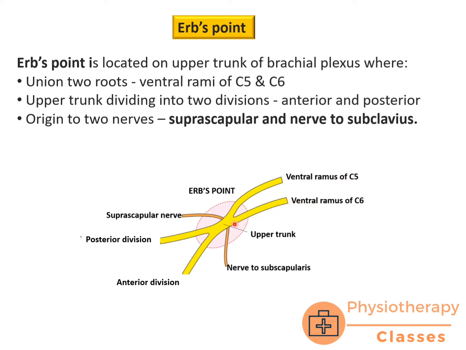They join together and form the upper trunk. The upper trunk itself divides into two divisions, posterior and anterior. Two nerves arise from the upper trunk at Erb's point: nerve to subscapularis and suprascapular nerve.